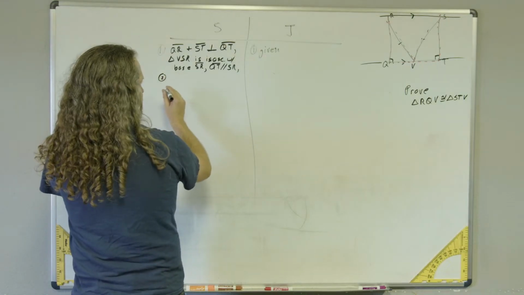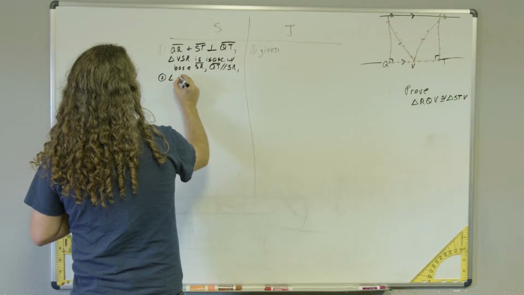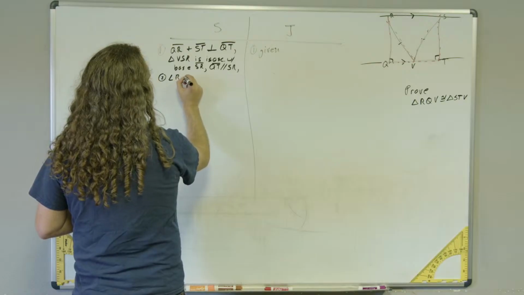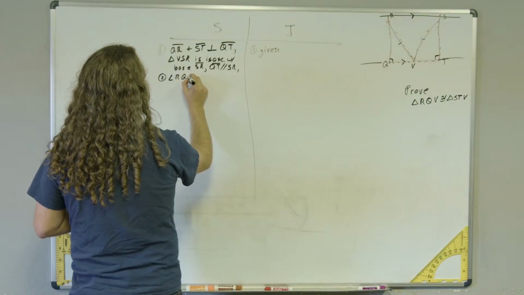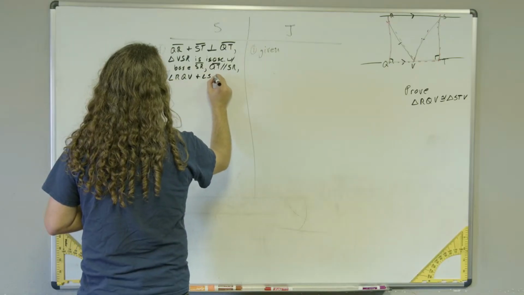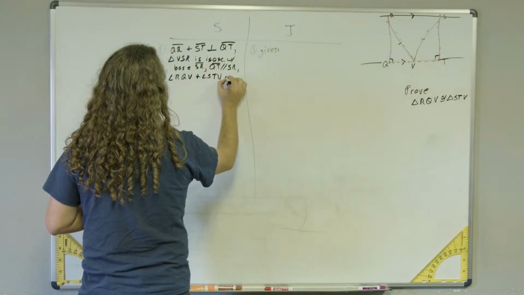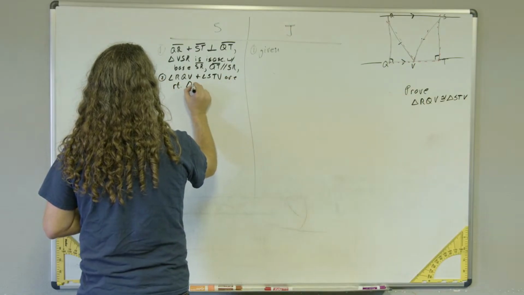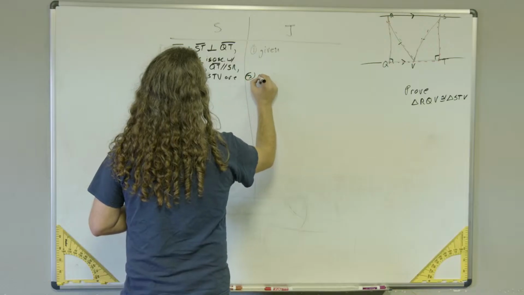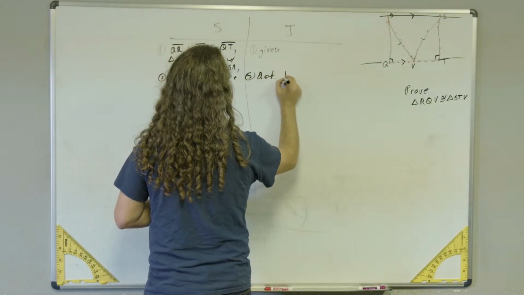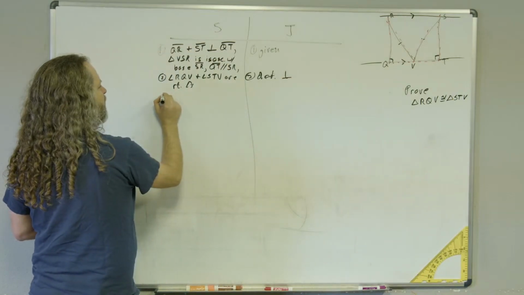So angle RQV and angle STV are right angles because definition of perpendicular, right? And they're congruent.